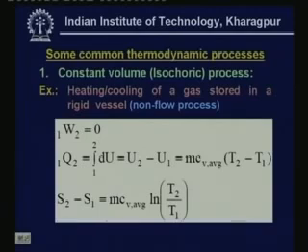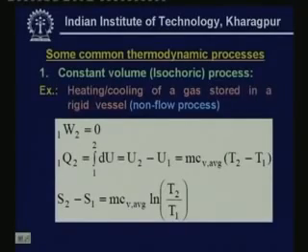All these terms are required in order to evaluate the performance. So let us look at some of the very basic processes. I will give the basic process, a typical example, and the suitable equations for work transfer, heat transfer, energy change, etc.